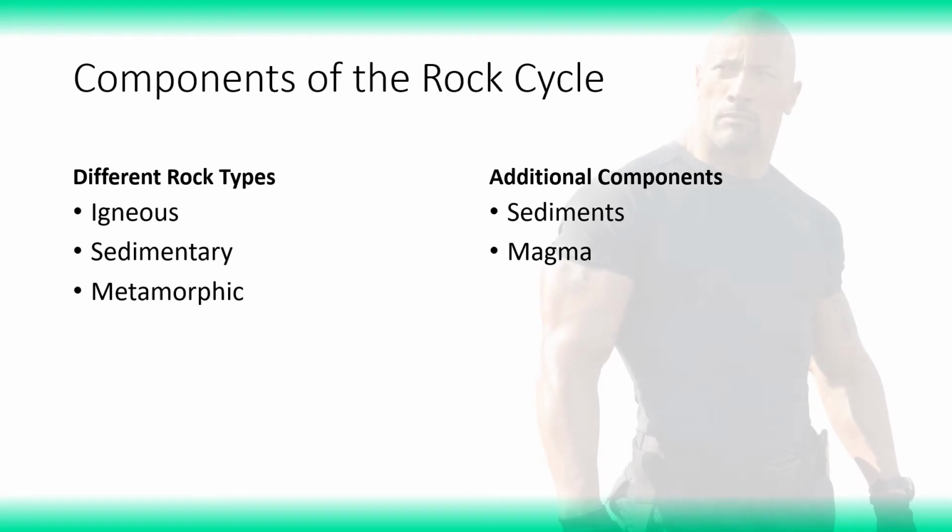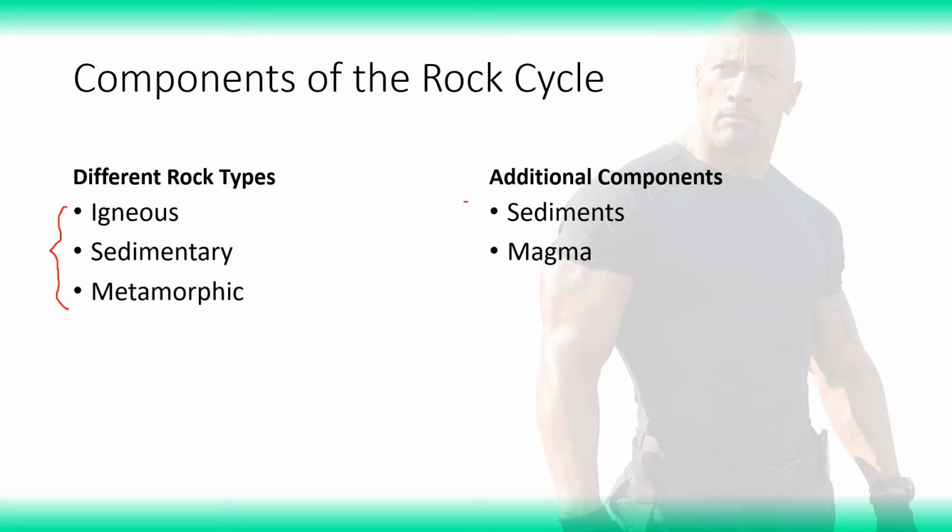So there are a few different components of the rock cycle. The rock in the background we will not be discussing as a component, but the three different rock types are what we will be discussing. So that's these three guys over here: igneous, sedimentary, and metamorphic rocks. You guys have probably all heard of those before.